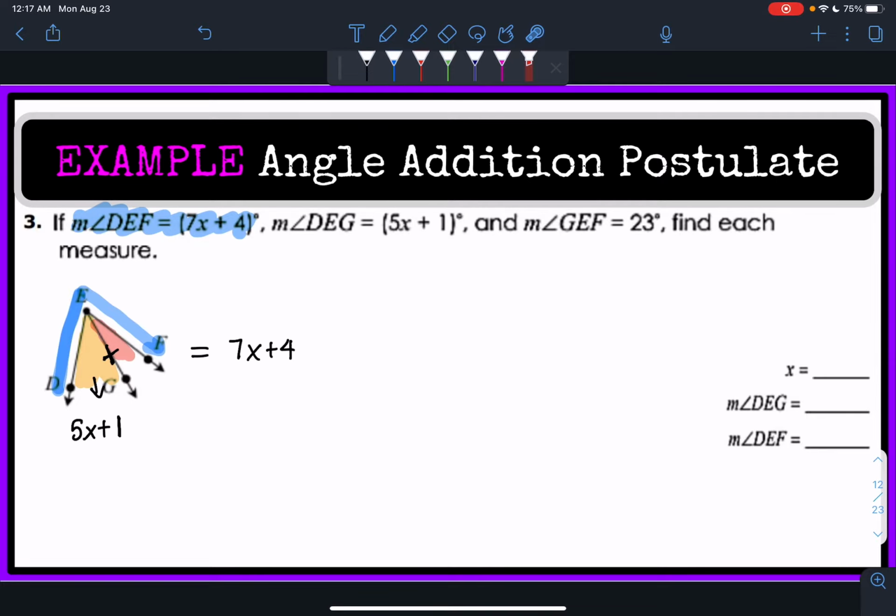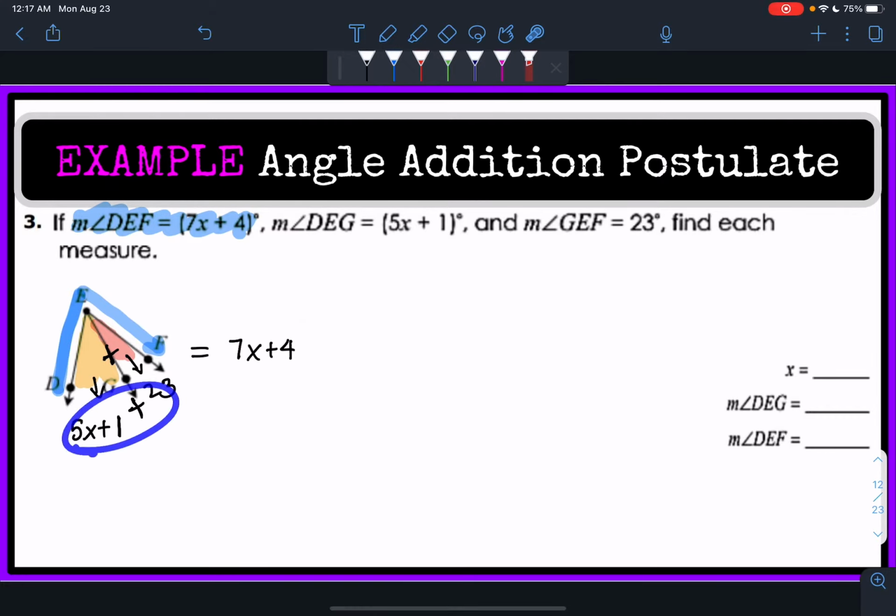And the red angle goes from G, E to F, or F, E to G. Again, it doesn't matter whether you start at G or at F, but E definitely has to be in the middle. This angle right here in red is equal to 23. G, E to F, that's 23.